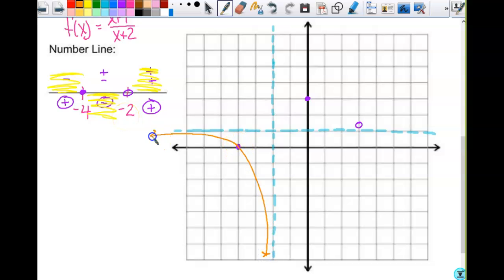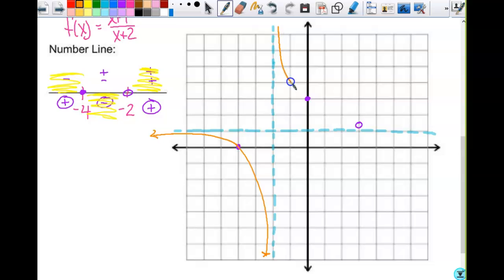Now, even if I didn't have my sign chart, if I knew that much, then I know I don't have any tangency or togetherness, so I know the function isn't going to be on this side of the asymptote right here. It's going to have to be up here. It's going to cross through this point, and then it's going to be positive from -2 to infinity. Again, that doesn't tell me whether or not it dips down and then comes back up, but I'm going to tell you right now that this one doesn't, and then we'll look at some that do.